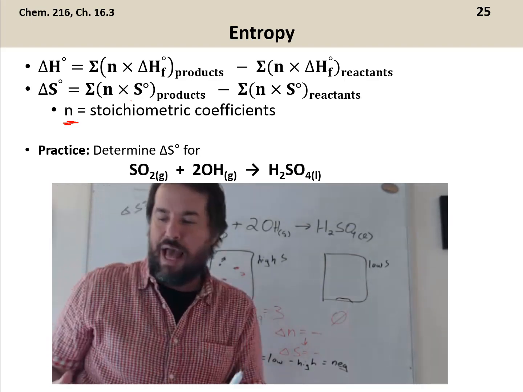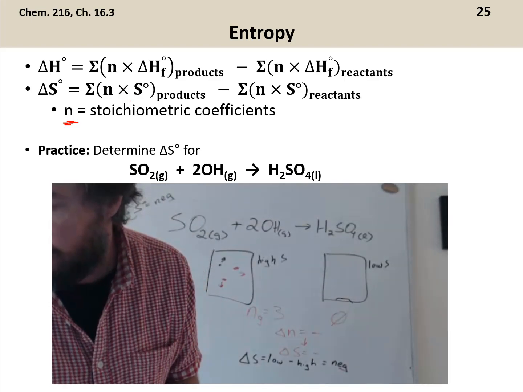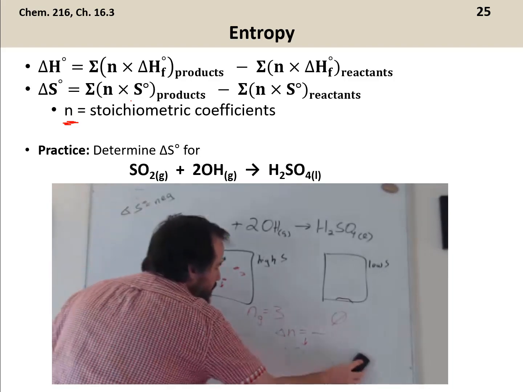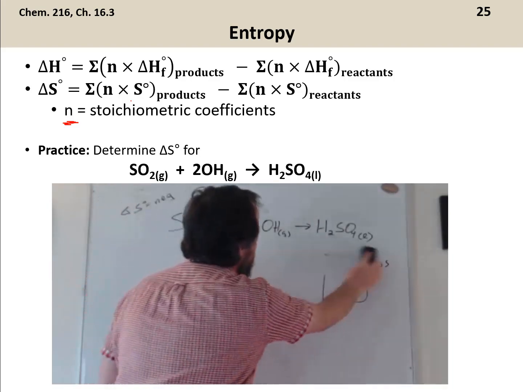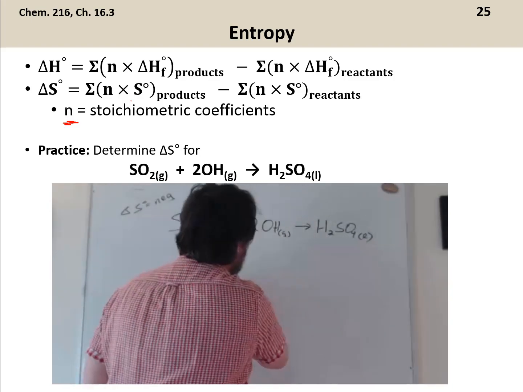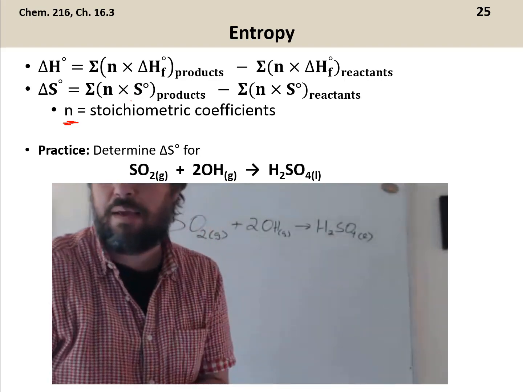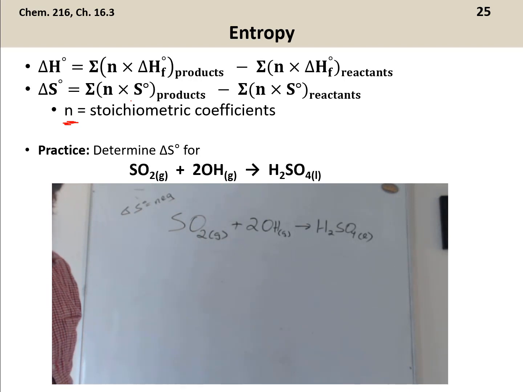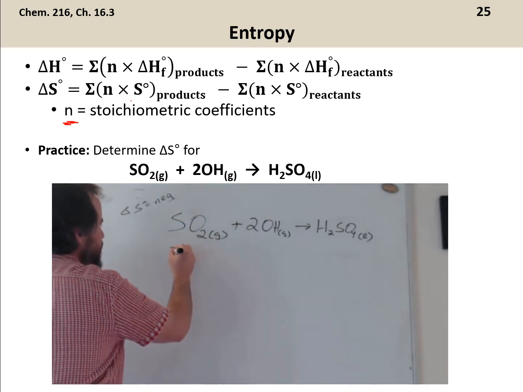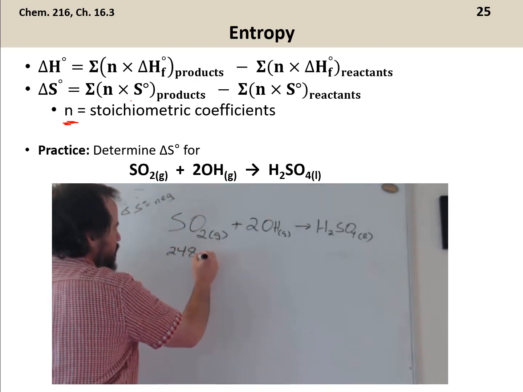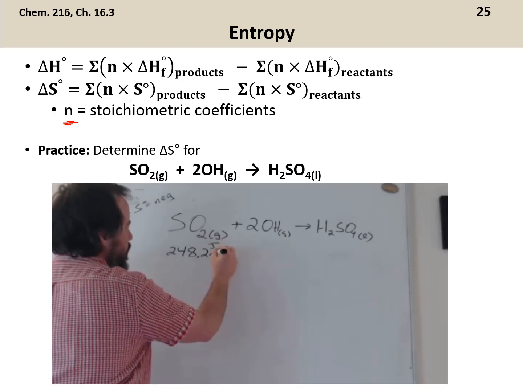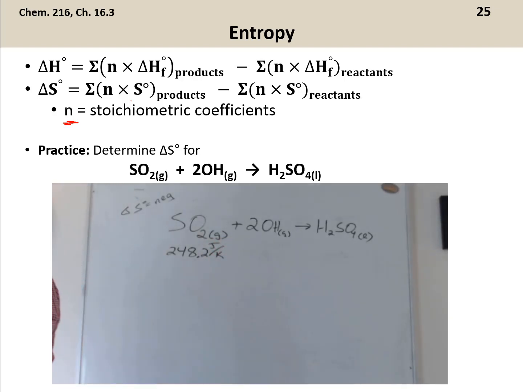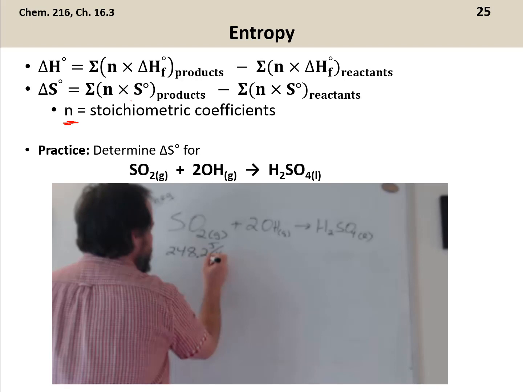So I already know this should be negative. Let's actually use our standard entropies to figure this out. If I look at the back of the book in the appendix, I can find S naughts for all of these. For SO2, it's 248.2 joules per mole Kelvin.